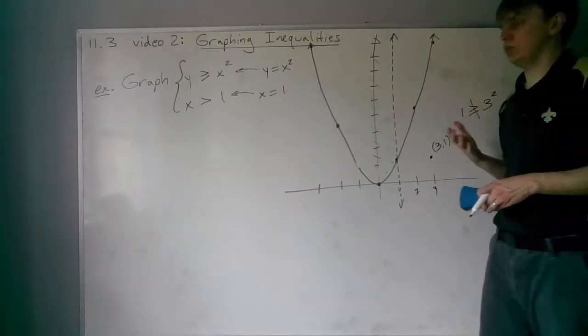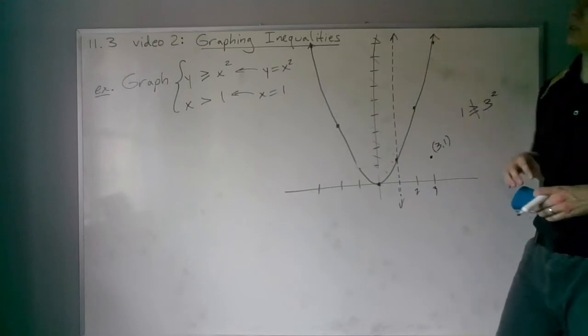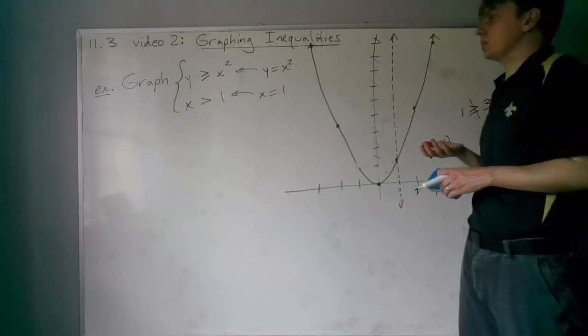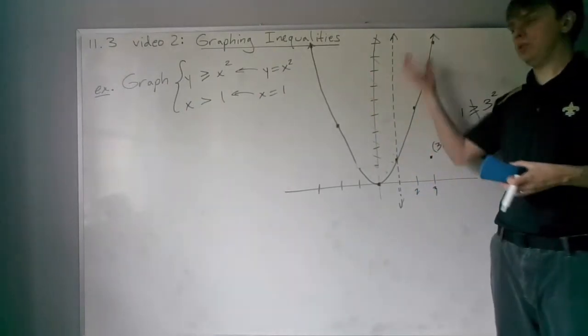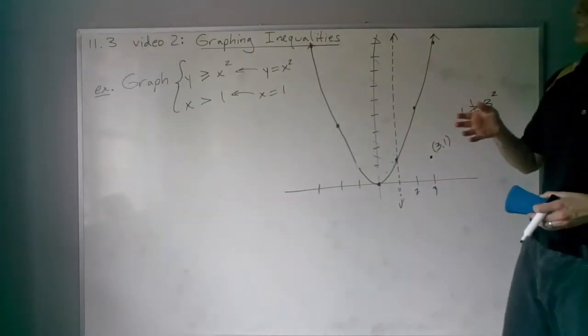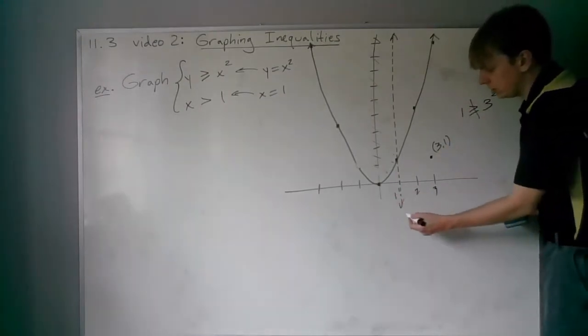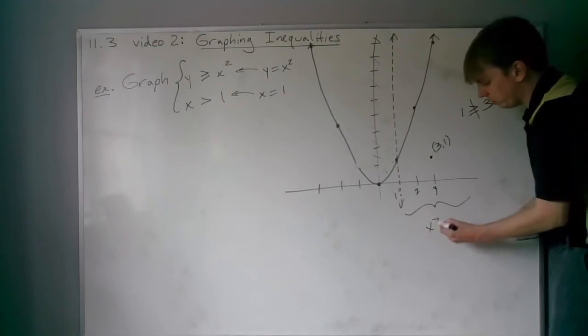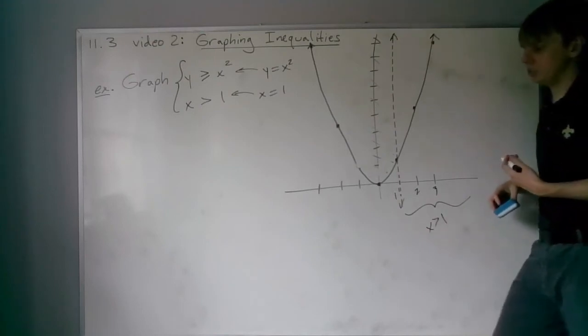That means we don't include the edges. So our first inequality, we've already mentioned, y greater than or equal to x squared means you're above the parabola. Second inequality, x is bigger than 1, means if this is x is 1, these are the x's that are bigger than 1. And so that second inequality means it's everything on the right side.